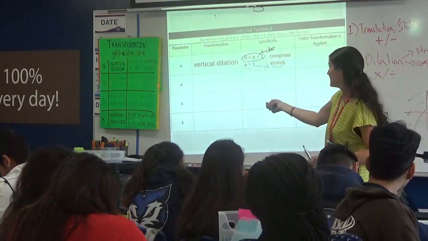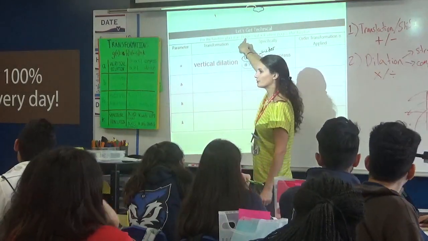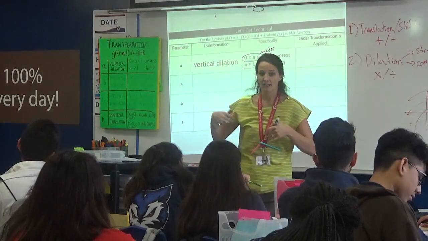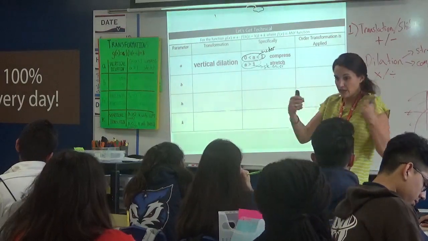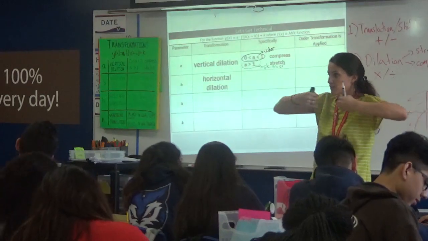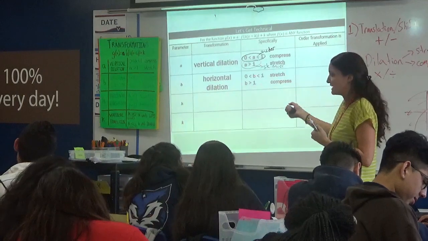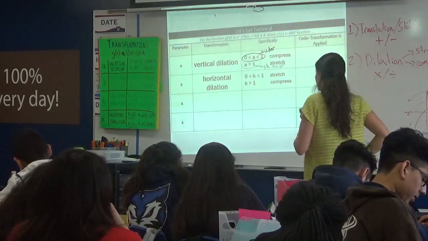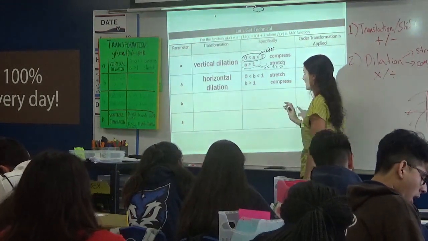B. B, in my example up here, is being multiplied on the inside of my function. We also saw that. If the number is being multiplied on the inside, inside means horizontal things, and we're still talking about a dilation because it's multiplying, so we're talking about horizontally stretching or compressing it. If B is a fraction, it's going to stretch it. If B is a number bigger than 1, it's going to compress it. So let's talk about that again.